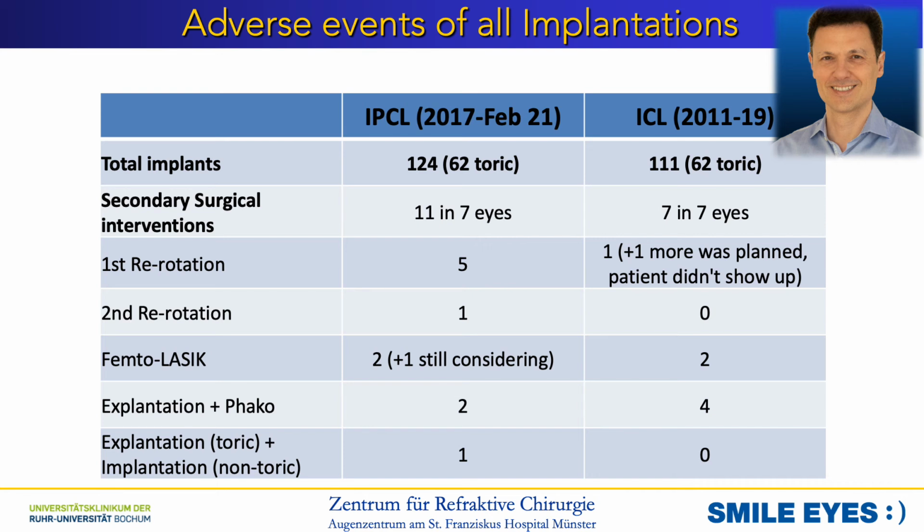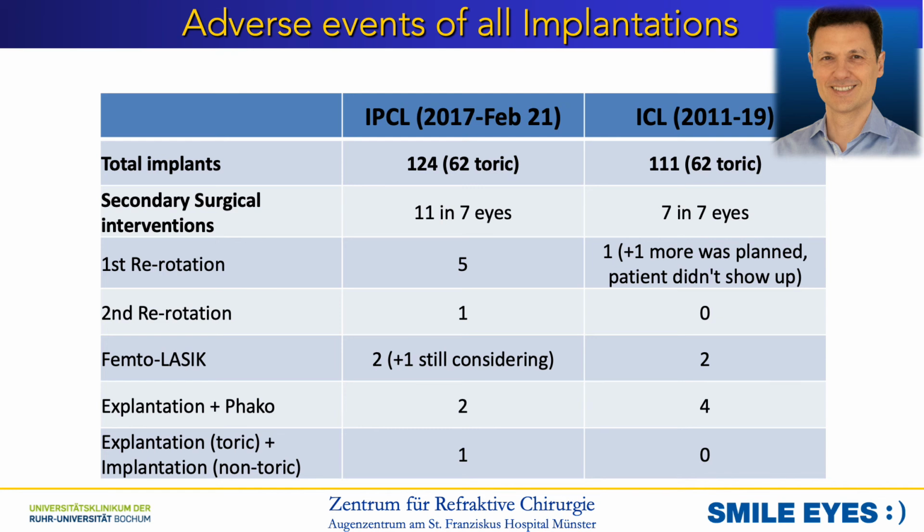Also, the list of adverse events in the last 10 years was similar. There was a more frequent need for secondary intervention after IPCL implantation, mostly because of a rotated toric IPCL.